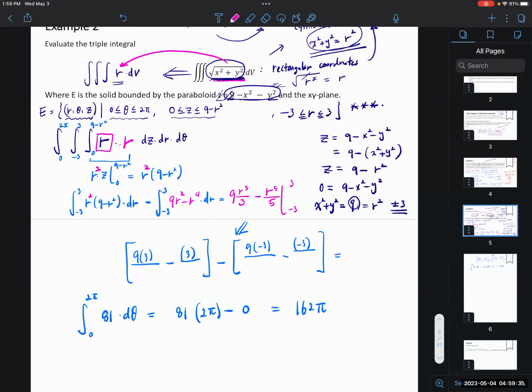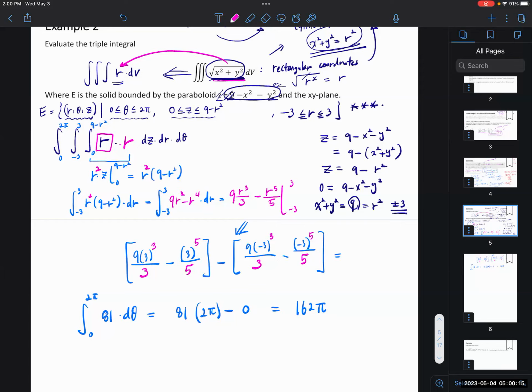So if you just recalculate that part, this is 9 times 3 to the third divided by 3, 3 to the fifth divided by 5, minus -3 to the third, 3, -3 to the fifth over 5. So let me just double calculate that part with the decimal. So 27, 3 to the fifth divided by, this is a 3, this is a 5.